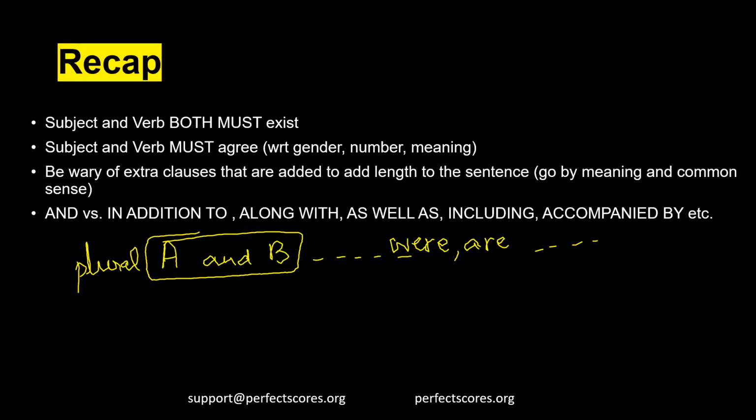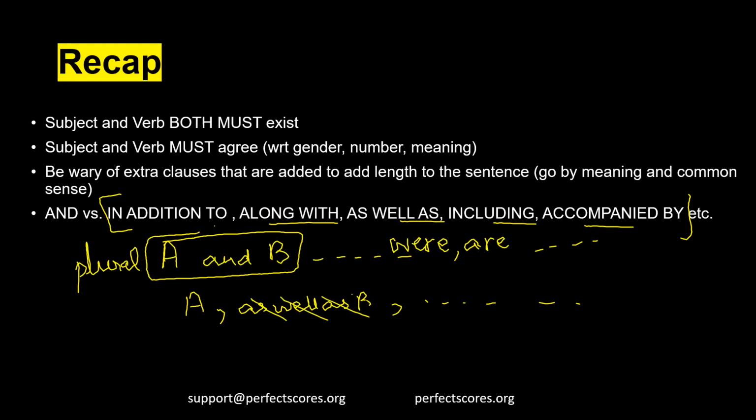But when you have these other groups of words, in addition to, along with, as well as, including, accompanied by. So suppose you have A, and then you have as well as B, and then you have these verbs. Now in all of these cases, it does not matter what the second subject is, focus only on the first subject. So that's very important to identify whether you should use a singular verb or a plural verb.